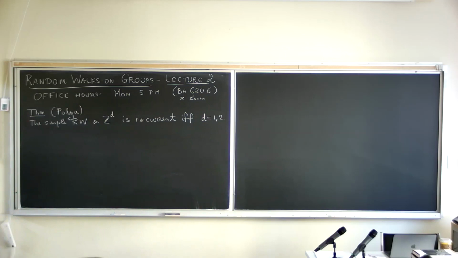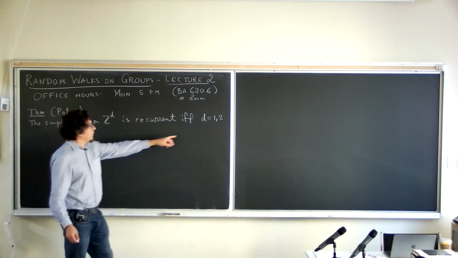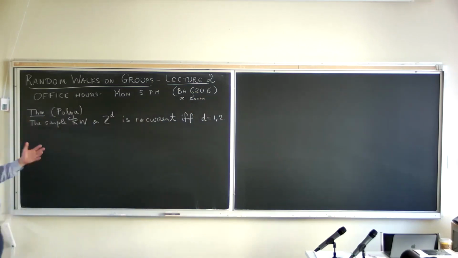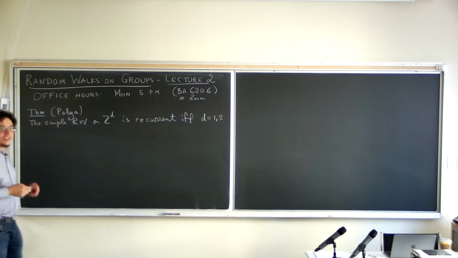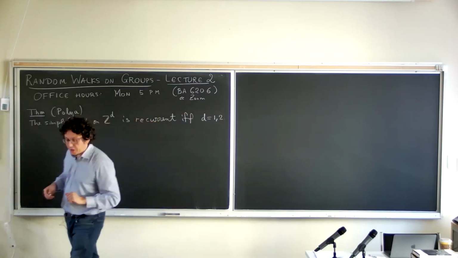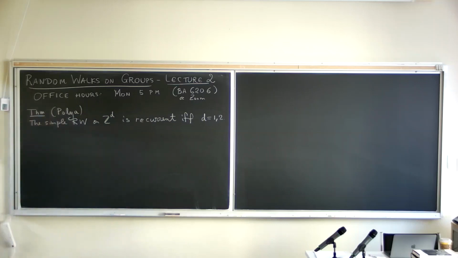We'll come back to the origin infinitely often with probability 1. While if d is higher, you have more space to wander around, and it turns out that this is enough for your walk to diverge. Okay, so let's discuss this proof.